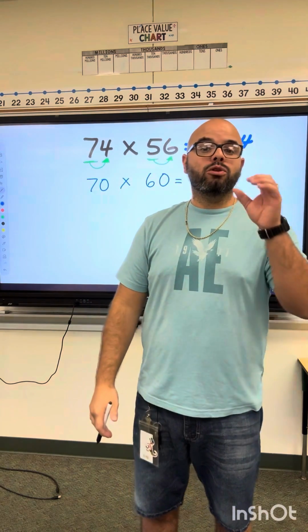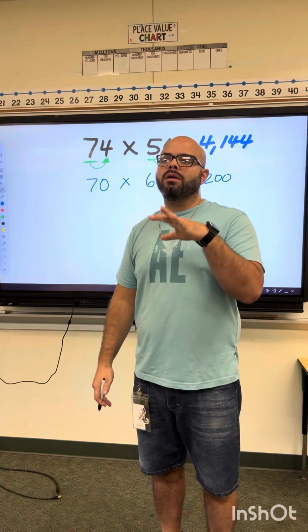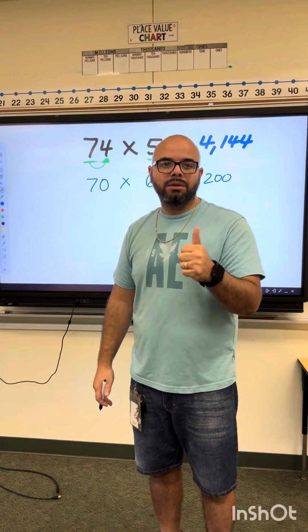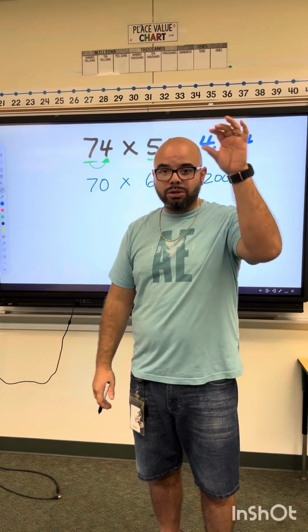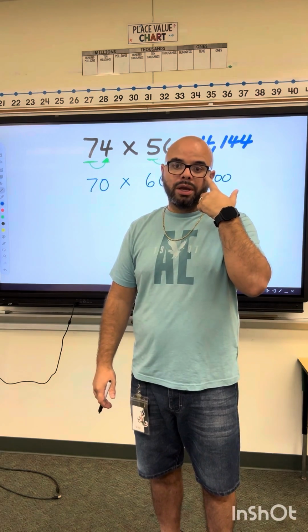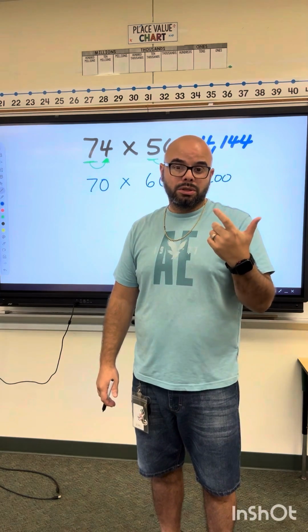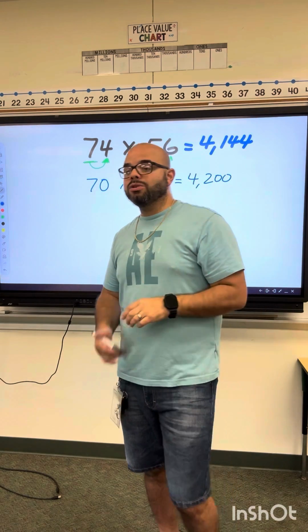Those are key words that they need to look for: about, approximate, even estimation or estimate. Those are the keywords they're looking for to know, okay, I need to round, or I could use compatible numbers in this problem. Okay, so that's pretty much it.